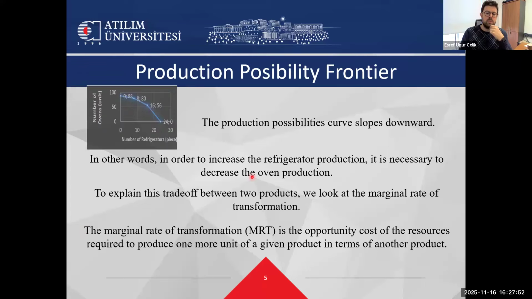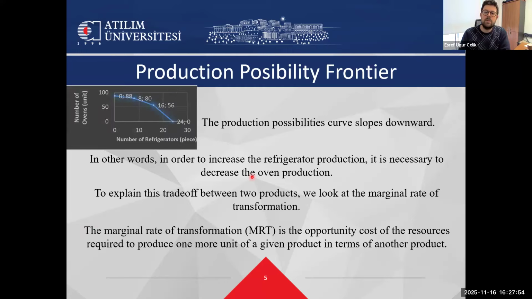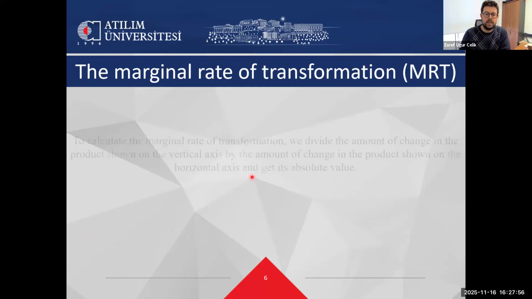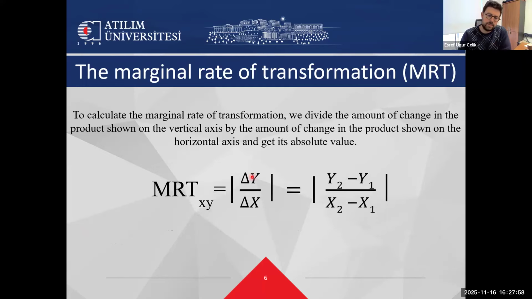We can use the formula of MRT. Very easy formula. In absolute terms, delta y, the change in the vertical line, divided by delta x, the change in the horizontal line.